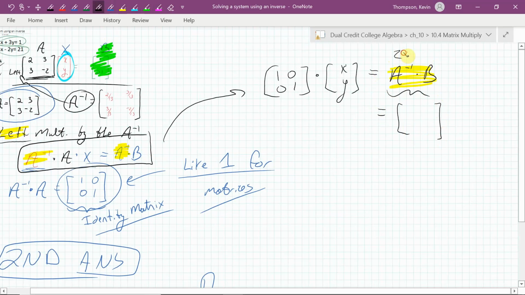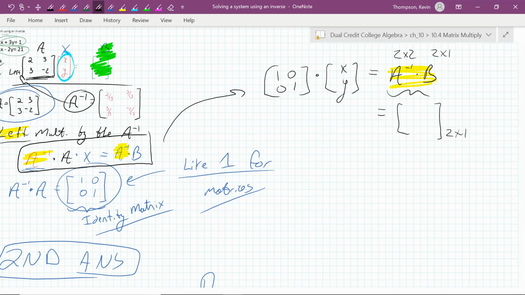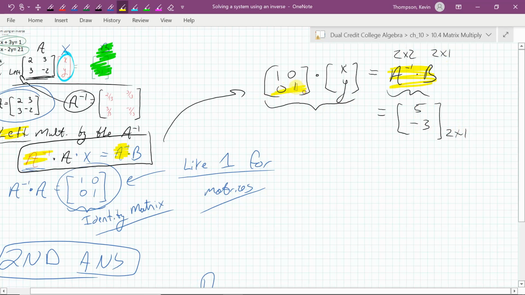It's a 2 by 2 times a 2 by 1. So it should be a 2 by 1. What'd you get? 5, negative 3.